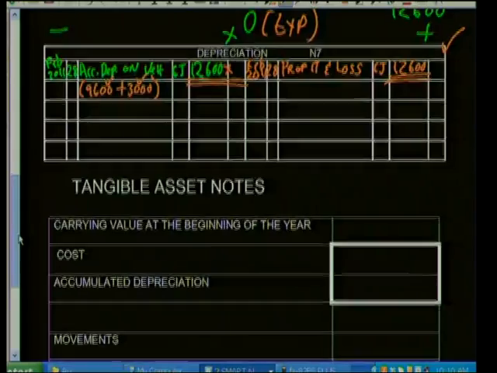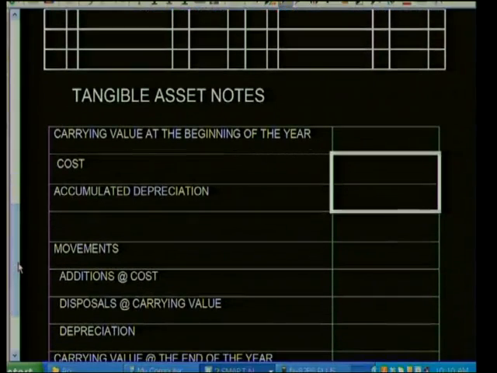Now let's move on to the next part of the question, where they want us to complete the tangible asset note. Right, for your tangible asset note, again guys, just a quick reminder. Remember, this is obviously a balance sheet note, and it's completed at the end of the financial year, and it's part of your financial statements.